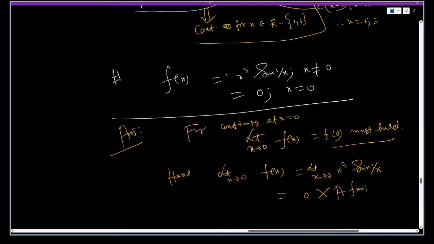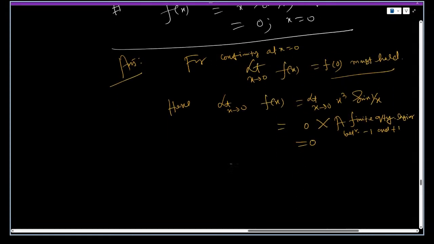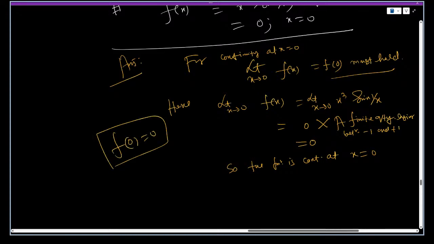Same manner. A finite quantity lying between -1 and +1. This is equal to 0. So the function is continuous at x equal to 0. Why? Because f(0) is already given. What is f(0) here? That is 0 only.